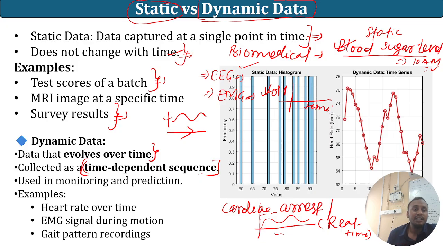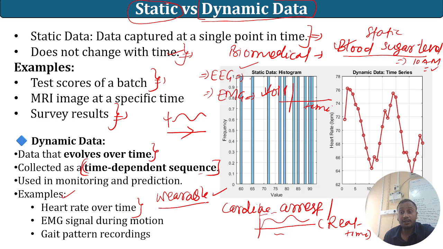Okay. If we see some examples, we have heart rate over time. Let's say someone is wearing a watch that continuously monitors while they do some treadmill activity, from the start to the end.